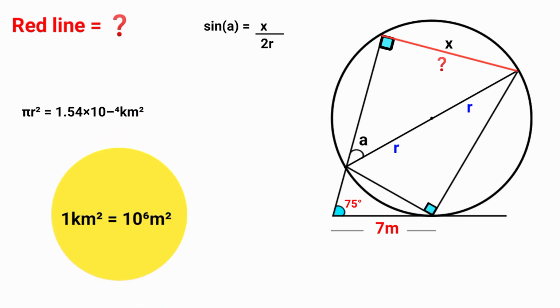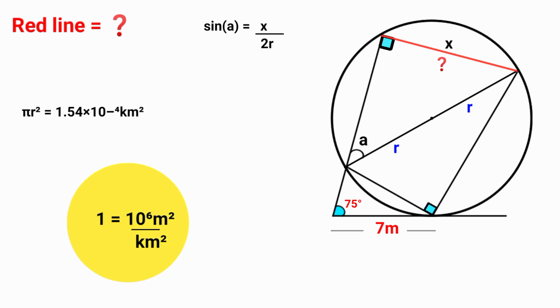So 1 kilometer squared equal to 10 raised to the power 6 meters squared. Divide both sides by kilometer squared. Here kilometer squared cancels kilometer squared. So 1 equal to 10 raised to the power 6 meters squared over kilometer squared.